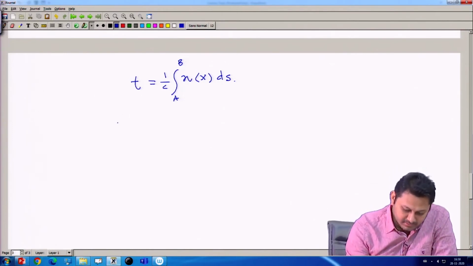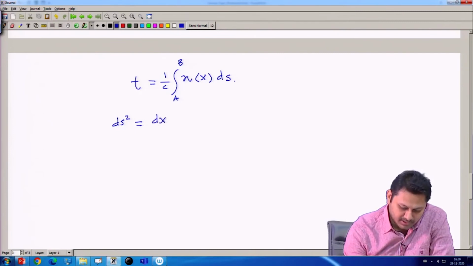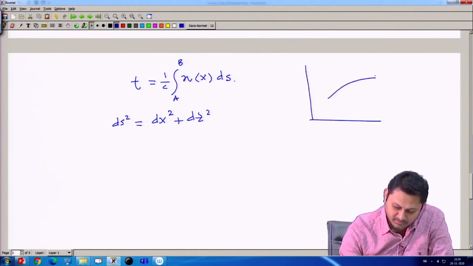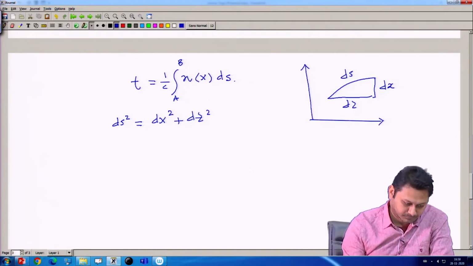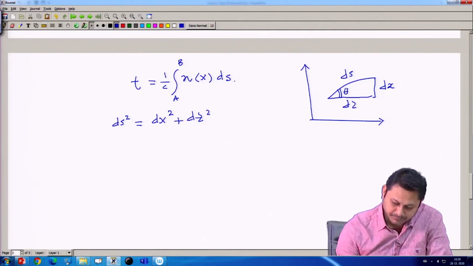Now, ds square I can modify slightly. This expression is equal to dx square plus dz square, because this is the structure. So, let me draw this side, so that this is dz, this is dx, this is ds. This angle is theta.